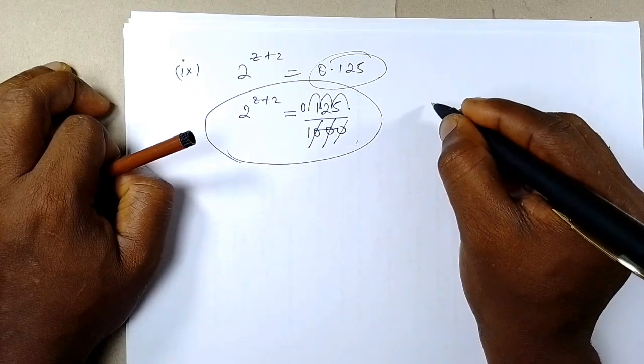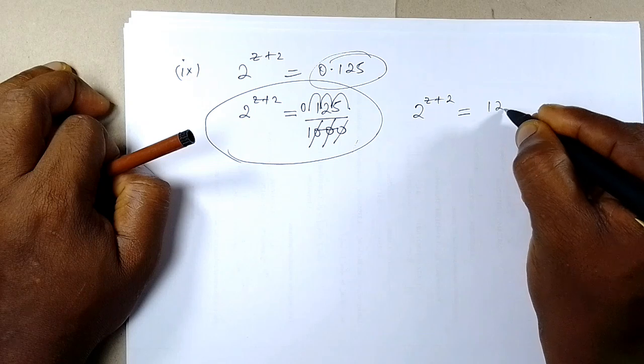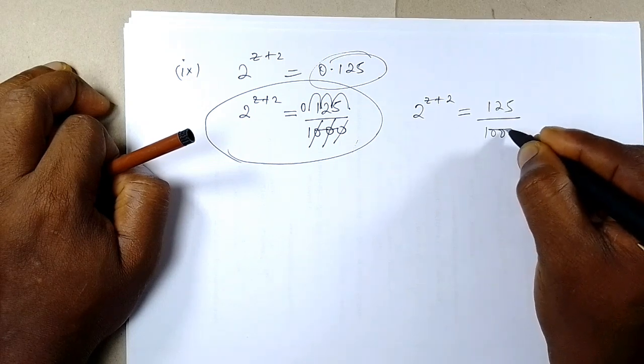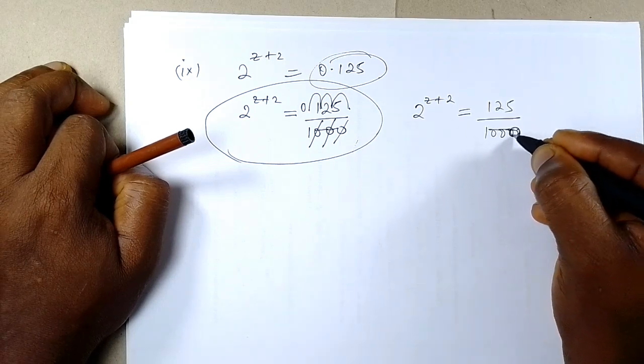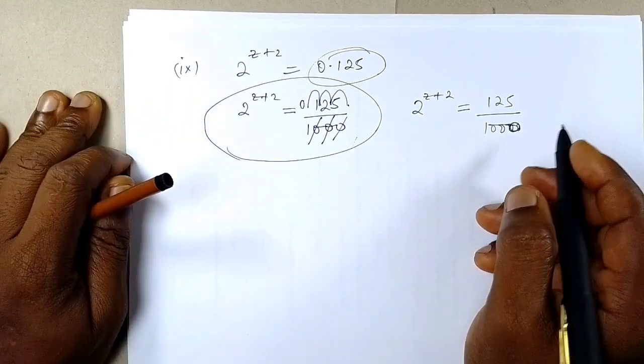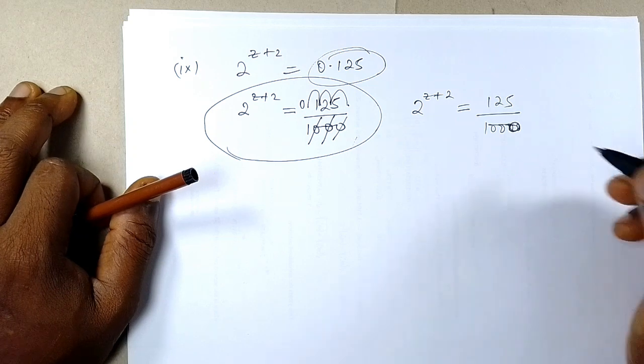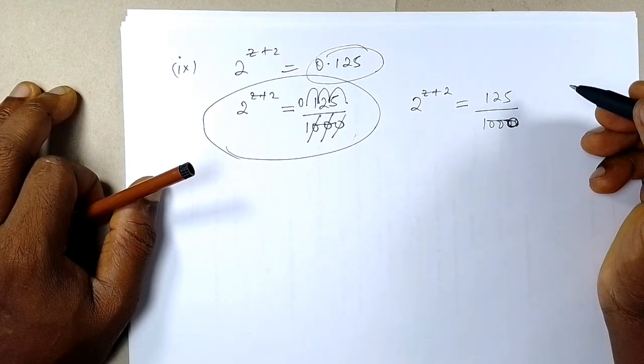So let's go over it again. So 2 raised to power z plus 2 will be equal to 125 all over 1000. Now, once you've done that, the next thing to do is to simplify. So what am I going to do here? I'm going to see how I can divide.